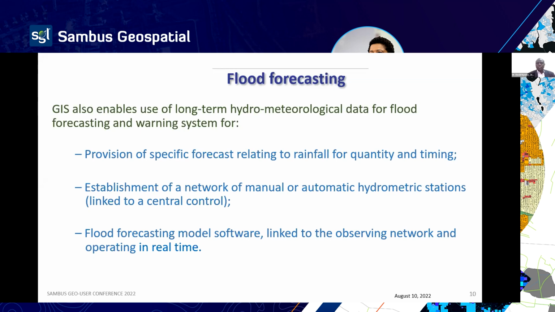But notwithstanding, at least there is always a warning system that tells people that, look, if this rain falls, it is going to lead to this amount of flooding. And so people can actually begin to move. But you know, with human nature, people don't often move unless they see the events occur. So GIS offers this capability of using long-term hydrometeorological data for forecasting and warning systems for flooding.